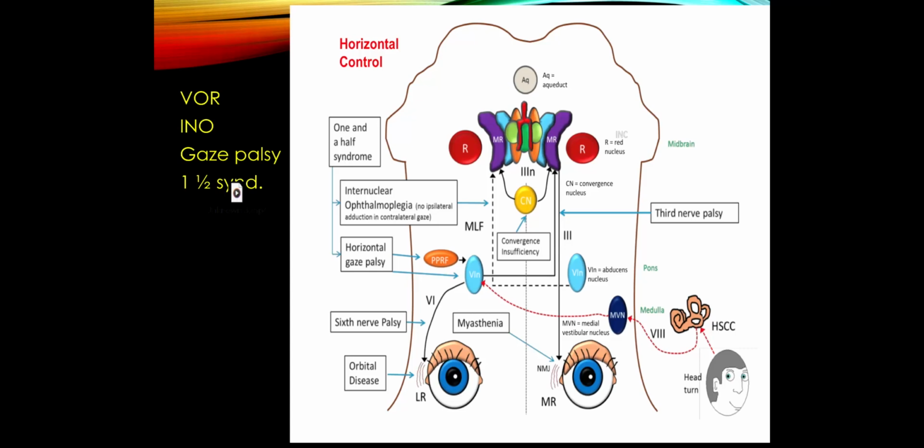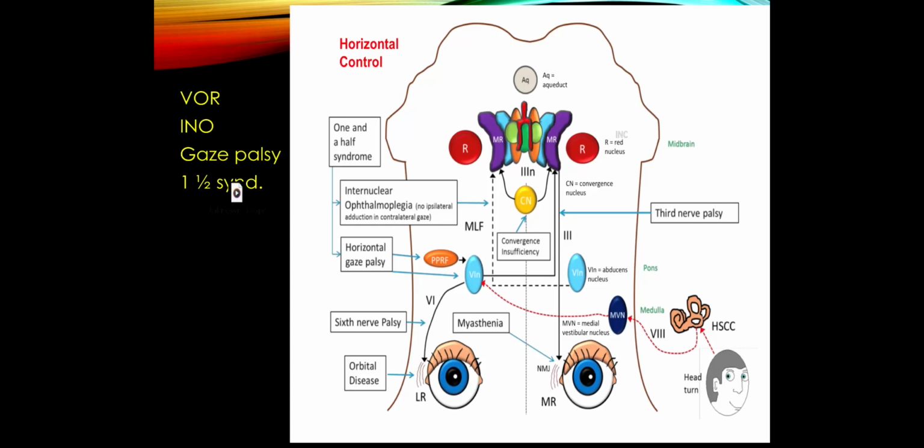If you ever see someone with an internuclear ophthalmoplegia, make sure to ask them to look to their nose, because there is a convergence nucleus right here that activates both medial rectus nuclei independent of the medial longitudinal fasciculus. So that's why looking to the nose is preserved in patients with an MLF lesion, even though when you're asking them to follow your finger or your pen, that one eye cannot look to the nose.